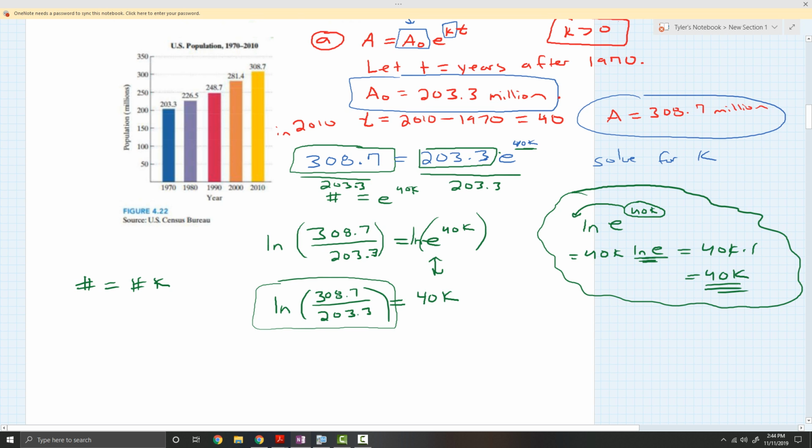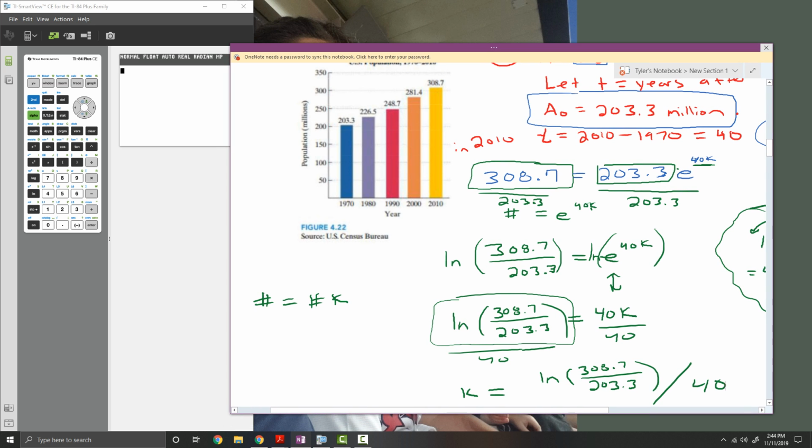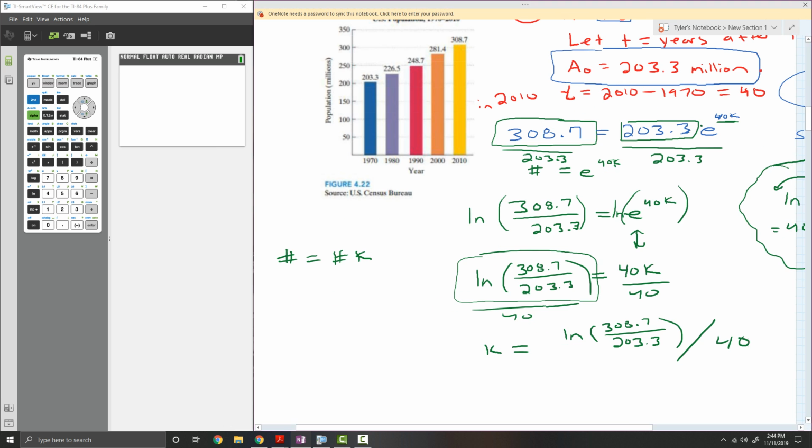I'm trying to solve for k. We just need to divide both sides by 40 to get k by itself. So k is equal to the natural log of 308.7 divided by 203.3, and that's divided by 40. You can plug that in your calculator to find that. So let me just go split screen here.